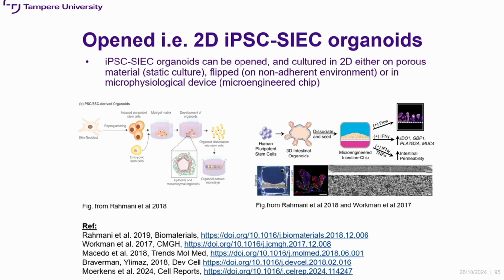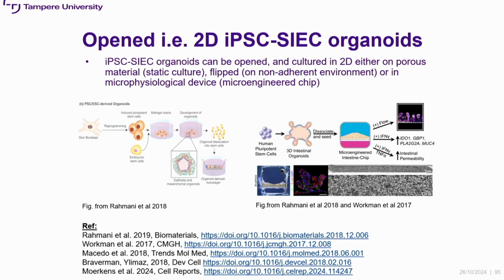They can be, on the left-hand side, as presented, cultured on planar static culture, so that there is no flow, or on the right-hand side, which is the image from the Rahmani and others. Actually, this is from a Workman paper. They can be cultured on the chip model, where there is a flow of media on the cells, and that pushes the cells to differentiate better.